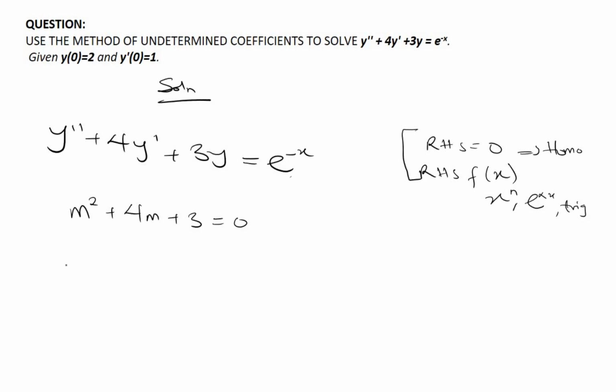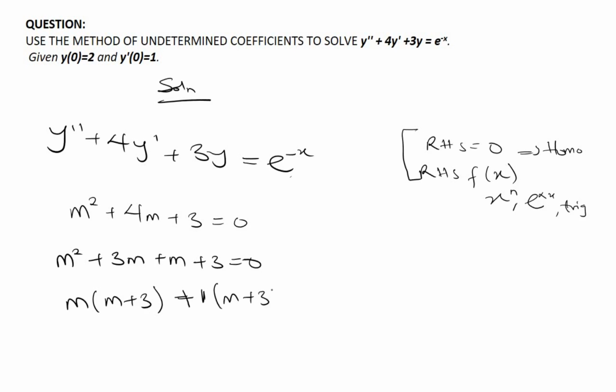We can solve this equation using factorization. You can say m square plus 3m plus m plus 3 giving us 0. So here we have m into m plus 3 plus 1 into m plus 3 giving us 0. We can say m plus 3 times m plus 1 is equal to 0.